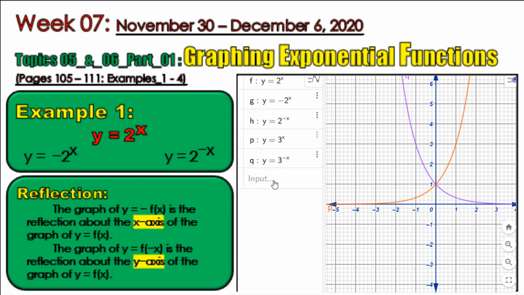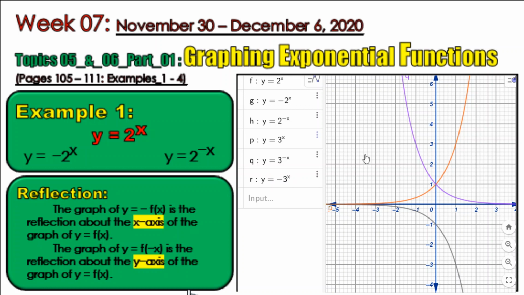How about if I ask you to give an exponential function which is symmetrical to y is equal to 3 raised to x, but symmetrical to the x-axis? What would be the function? Okay, so we can have y is equal to negative 3 raised to x.